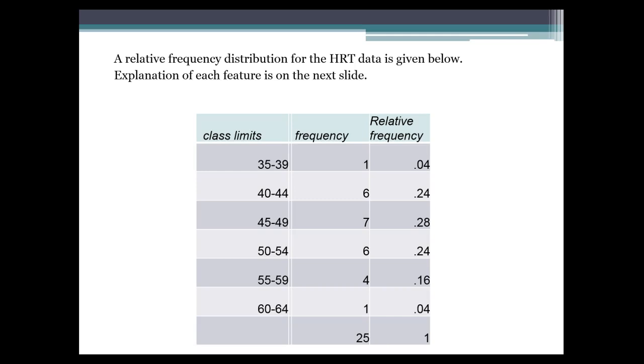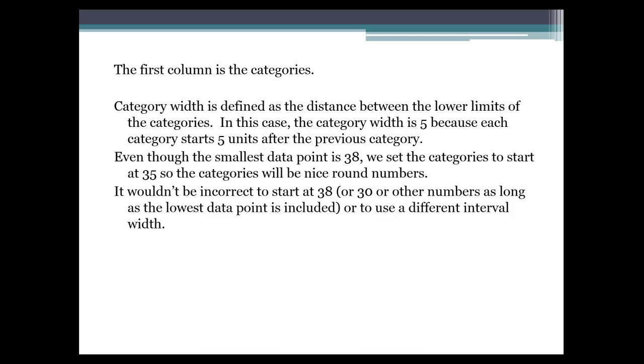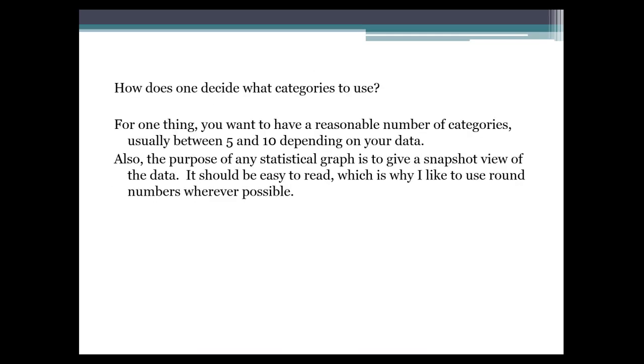For all of the ones that I give you, I'm just going to say use categories of width whatever, starting at whatever, and then you'll just use that. You won't have to decide where to start, and you won't have to decide what category width to use. But the question does come up: how do you decide what categories to use?